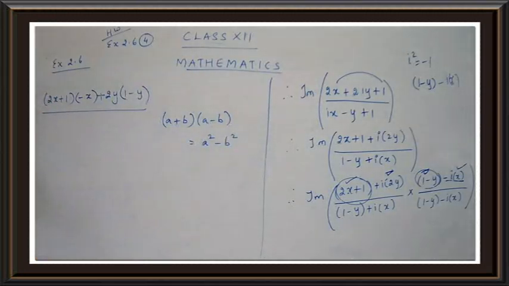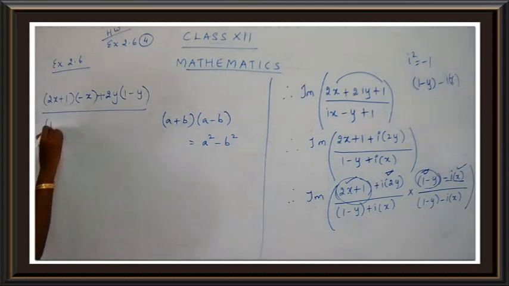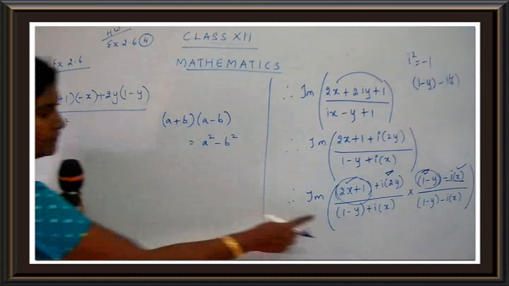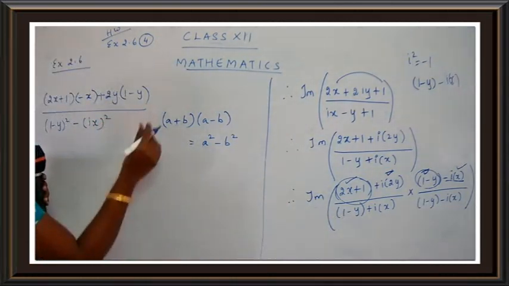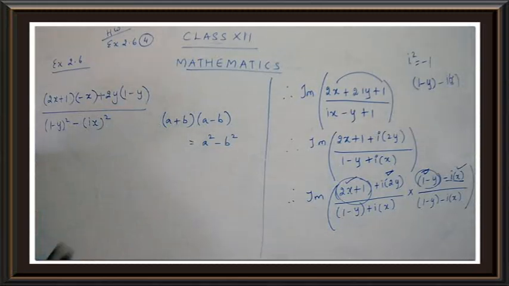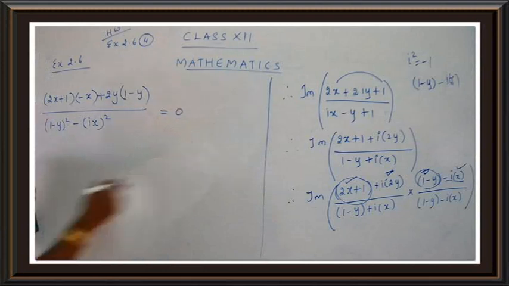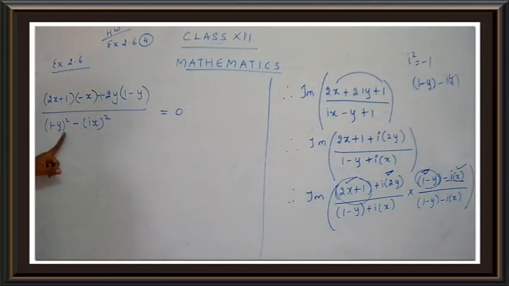Okay children, let us apply the identity over here. So 1 minus y the whole square minus ix the whole square is equal to 0.